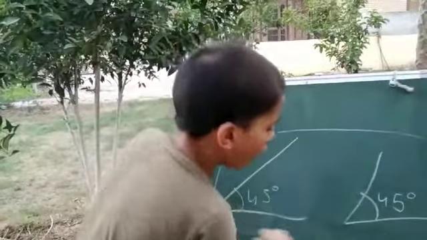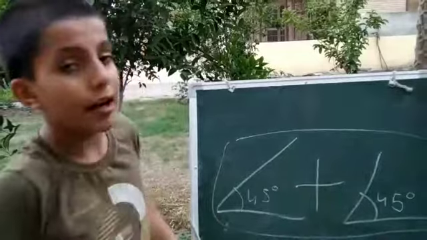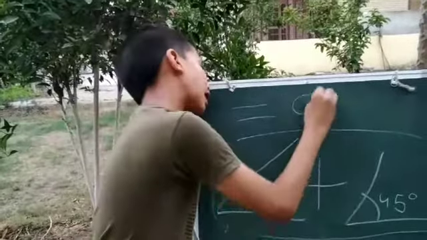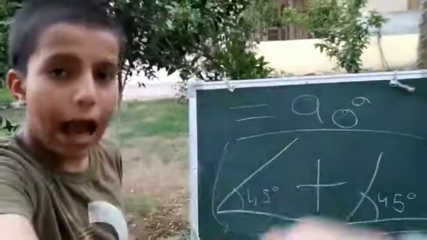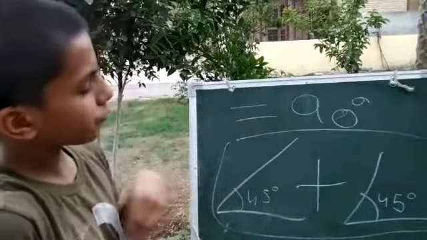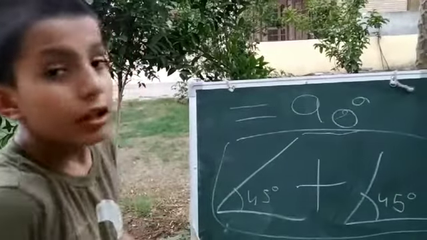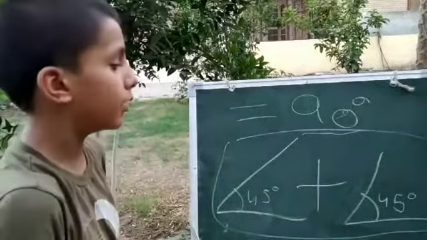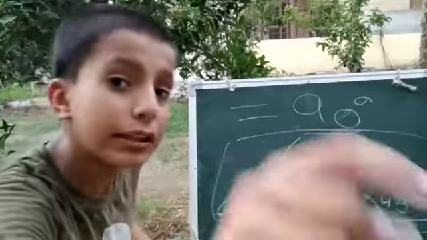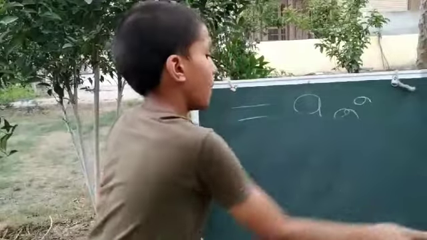So when I add both of these, 45 and 45 degree, I get what? 90 degree, meaning a right angle from two acute angles. So when we add two angles and we get 90 degree, a right angle, it is known as complementary. It is not supplementary.